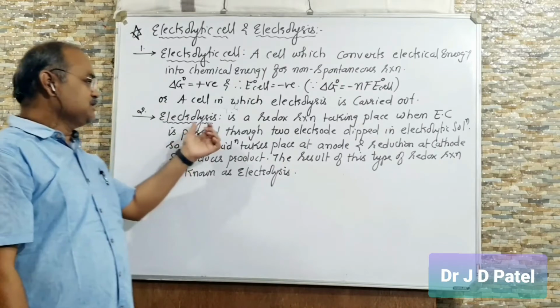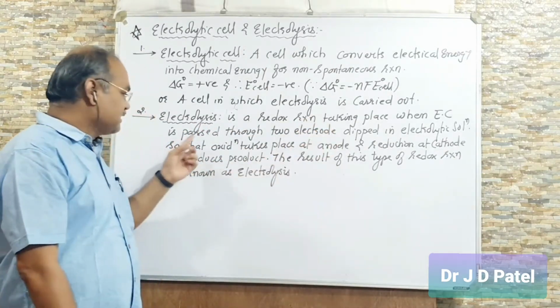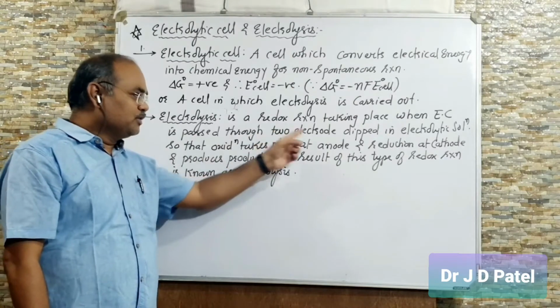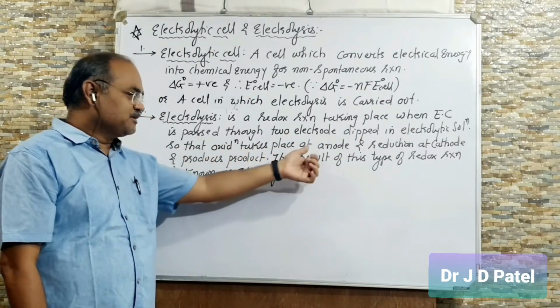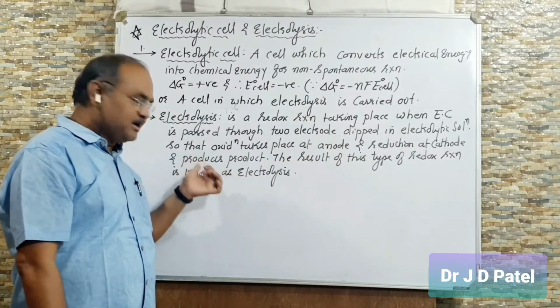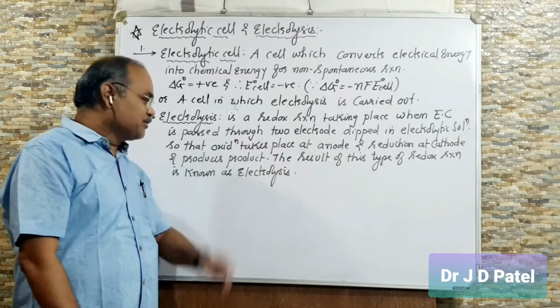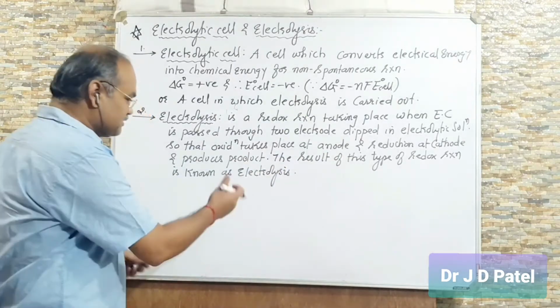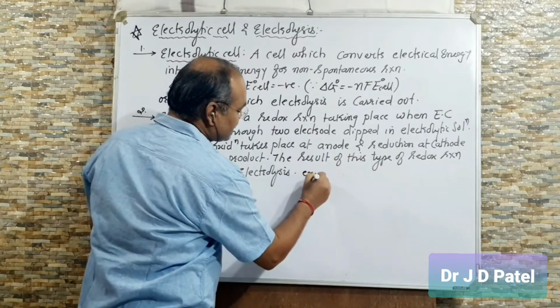So what is electrolysis? It is a redox reaction taking place when electric current is passed through two electrodes dipped in an electrolytic solution, so that oxidation takes place at anode and reduction takes place at cathode and liberates the product. The result of this type of redox reaction is known as electrolysis. For example, water.